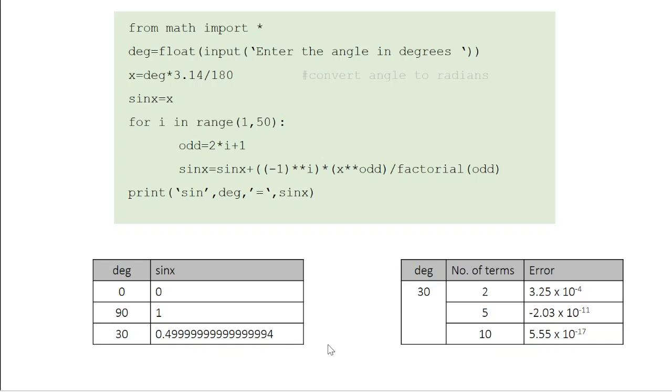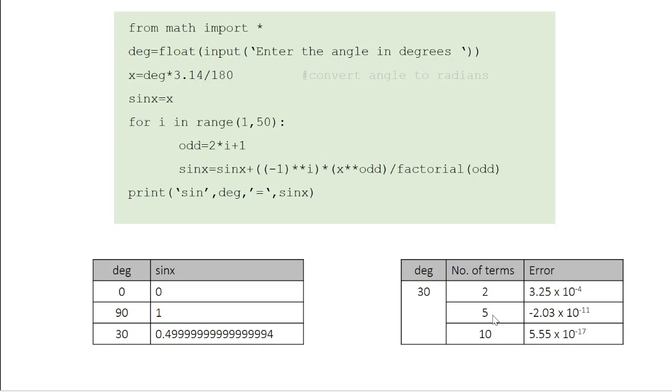Then find the difference between your result and the actual value, which is 0.5, and the difference is going to be your error. So if you get the exact value 0.5, the error is going to be 0, right? So here when you have 2 terms, the error is going to be 3.25 into 10 to the power minus 4, which is very small. Now you increase the number of terms.